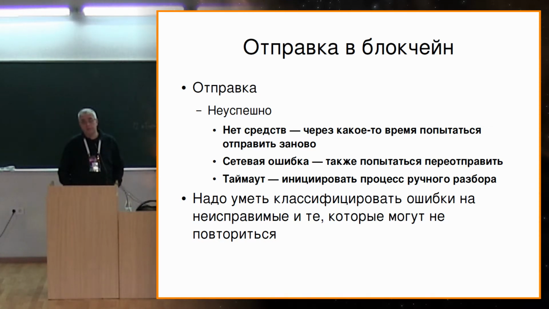There is another type of error when we need to stop processing. For example, if we received no response. If there is a high load on your machine, for example, you send transaction and you have not received any response for 10 minutes. So here there is a question whether it was sent or not.